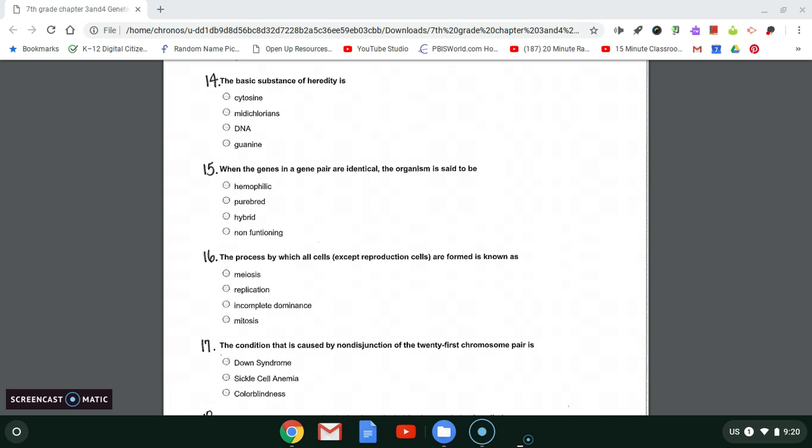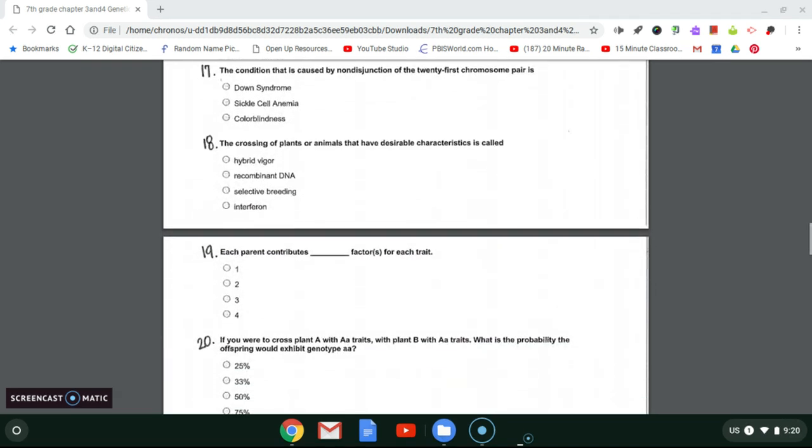Number 16. The process by which all cells, except reproduction cells, are formed is known as meiosis, replication, incomplete dominance, or mitosis. Number 17.